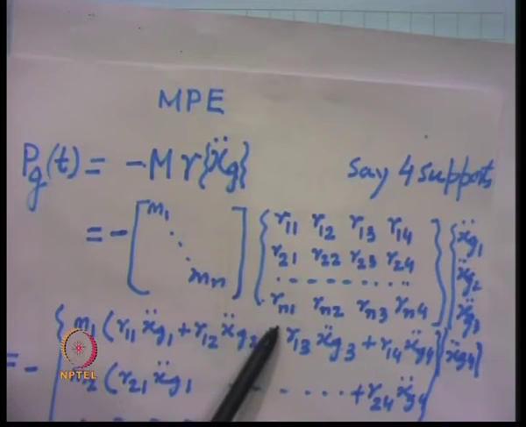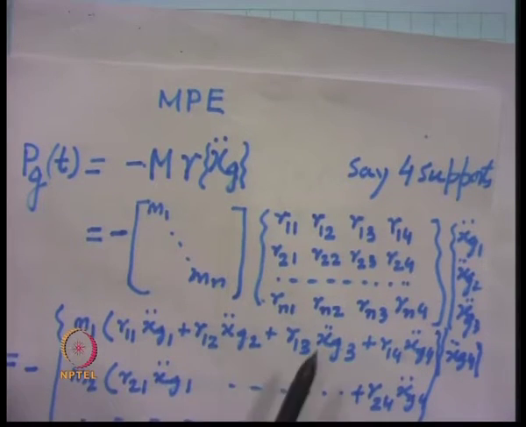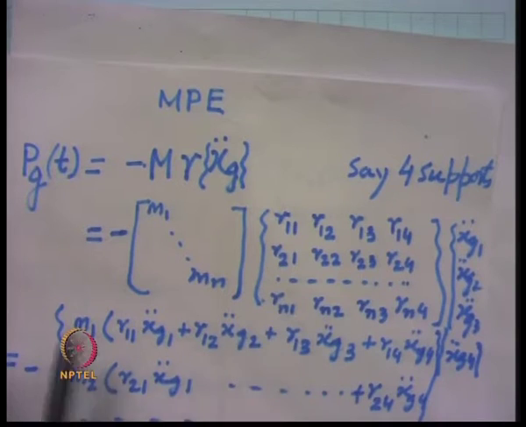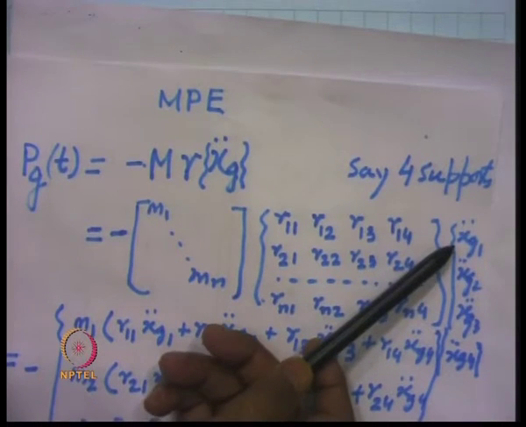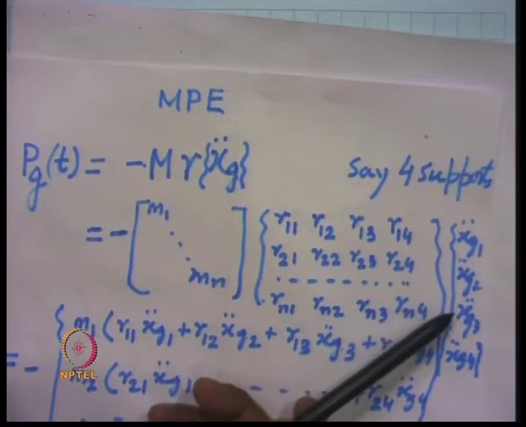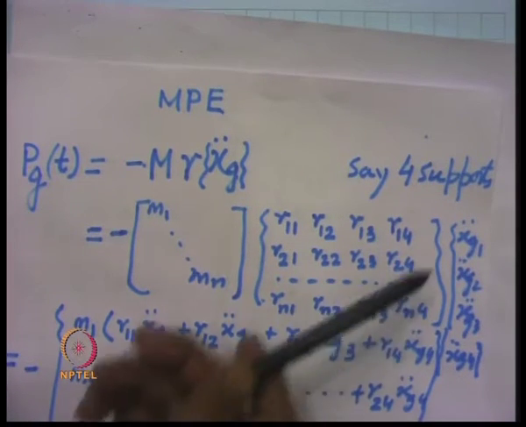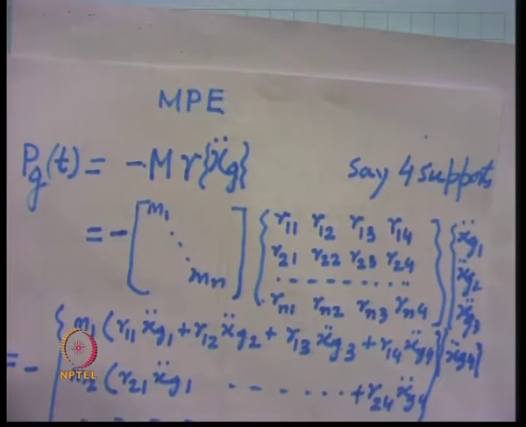N is the number of degrees of freedom, and the R matrix would look like this, and x double dot G1, x double dot G2, x double dot G3 and x double dot G4 are the support excitations.